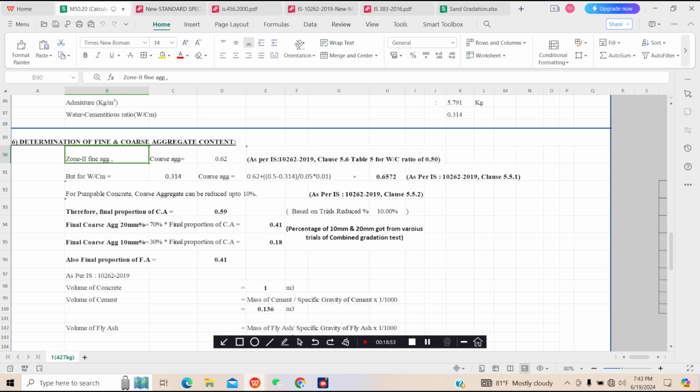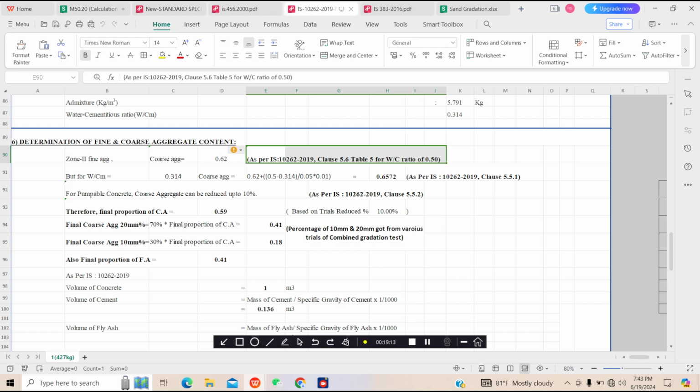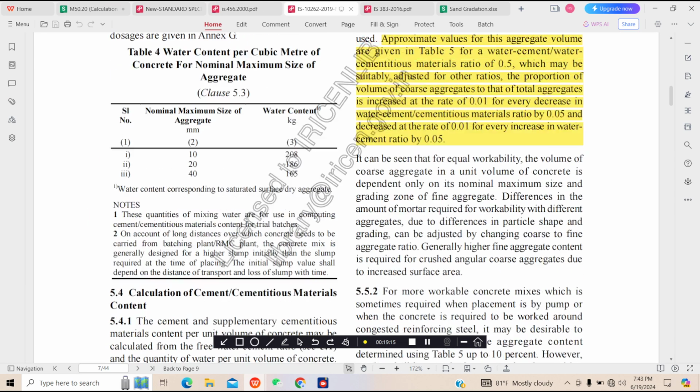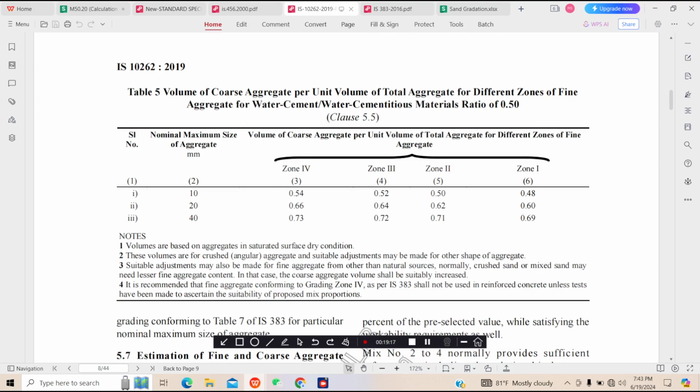For zone 2 fine aggregate, the coarse aggregate ratio is 0.62 for the water cement ratio of 0.5. Here we can see this in Table 5, clause 5.6 of IS 10262.